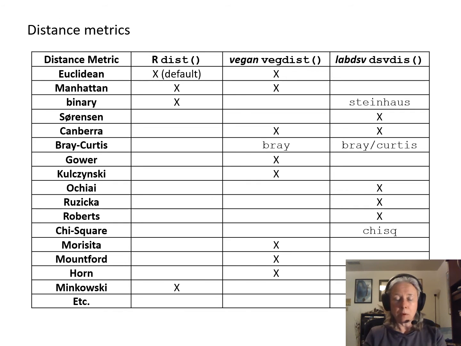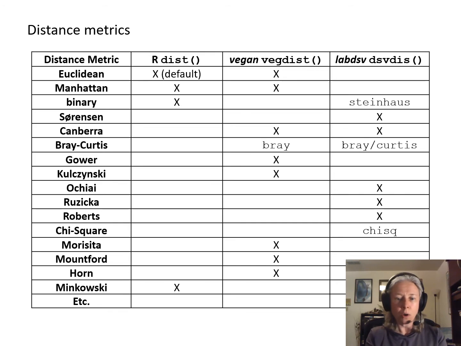And in the lesson for today, we have three different packages. We have base R, actually in two packages, vegan and labdsv, and different ways of calculating distance metrics or making distance matrices from your data.